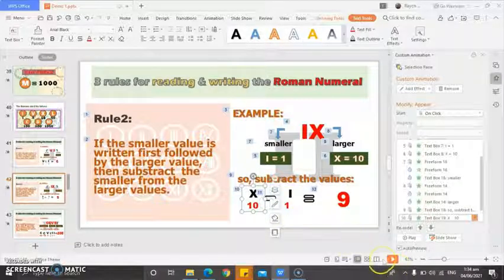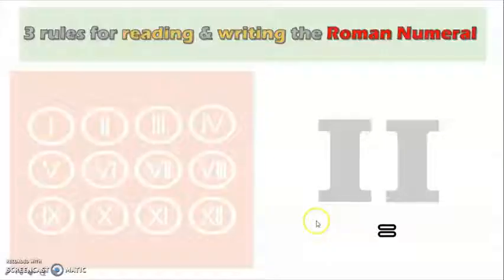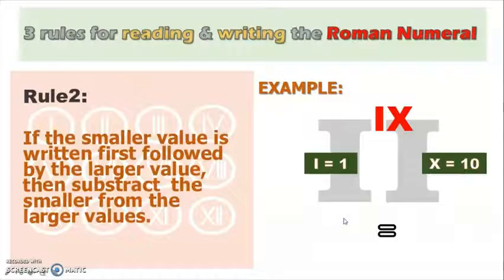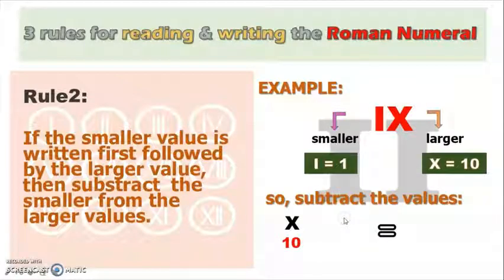Okay, let's adjust this one. So X minus I equals 9. So subtract the smaller value, 1. Again, if the smaller value is written first and followed by the larger number, you have to subtract the smaller value from the larger number, and that's the equivalent of that numeral form. Okay, so IX equals 9.